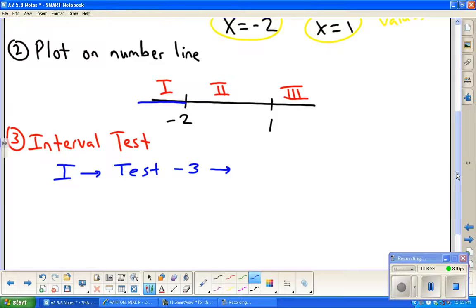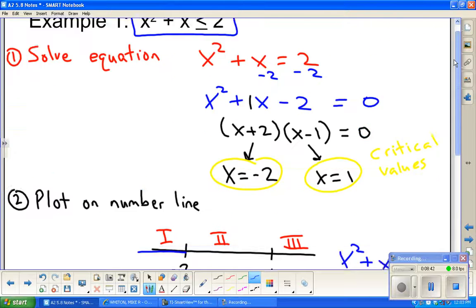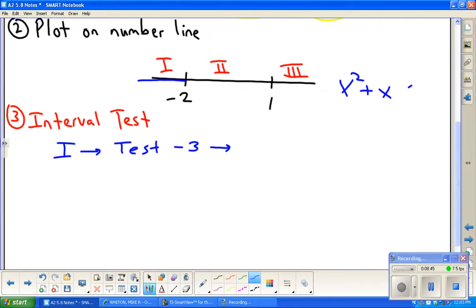Okay, so let's check it out. Remember the original problem was x squared plus x less than or equal to 2. So I'm going to plug -3 in and see if it works. -3 squared plus -3, is that less than or equal to 2? It's going to be a yes or no thing. It's either true or it's not true.